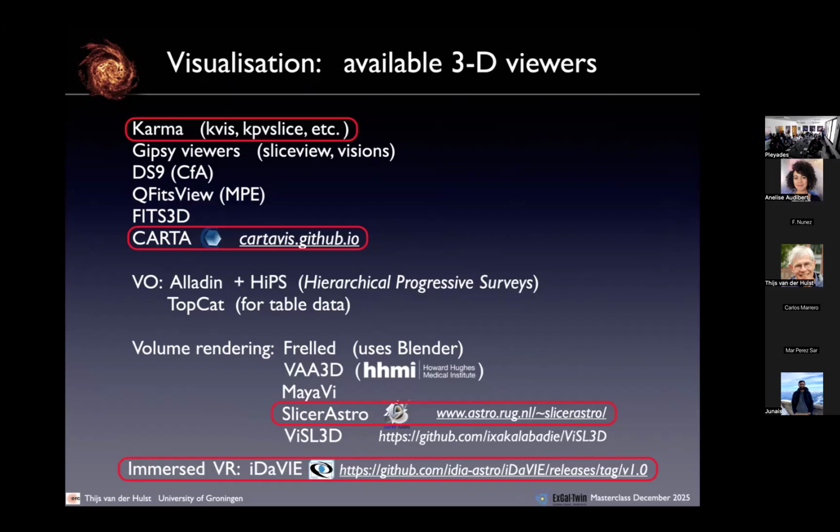I'm not very good at using CARTA, but it has many different possibilities for looking at images and also data cubes. Slicer also, I showed you the picture, and I could give a demo of that, and I'll have some pictures of galaxies that were made in SlicerAstro, like the ones of M101 that I showed.